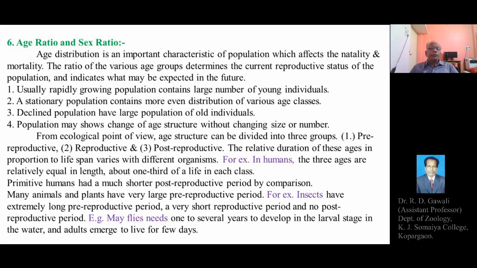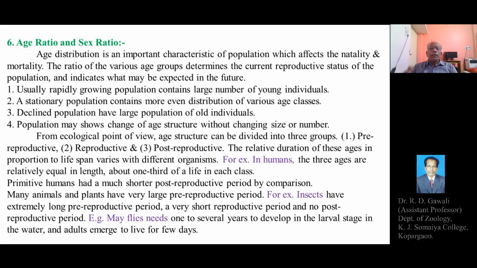Many animals and plants have a very large pre-reproductive period. In insects, for example, there is an extremely long pre-reproductive period, a very short reproductive period and no post-reproductive period. This condition can be observed in many insect species.